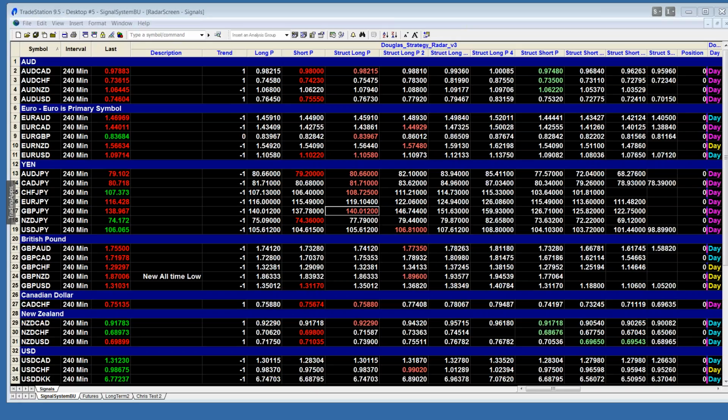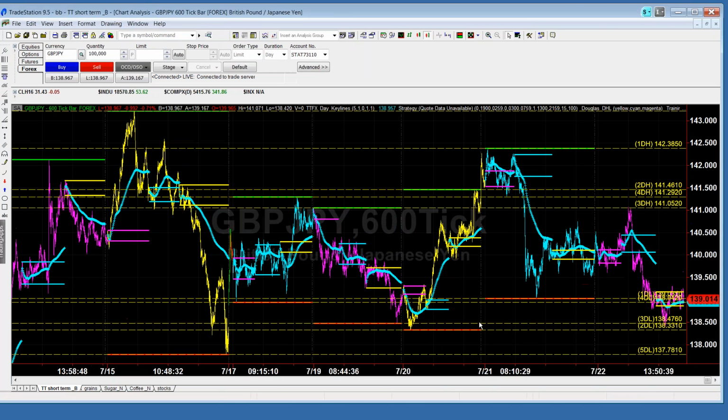Okay, let me. If you look at the pound yen, the buy from last week was we're going to buy it if it goes above the 141.12. This is where it went above the 141.12. It took you the 140.12.